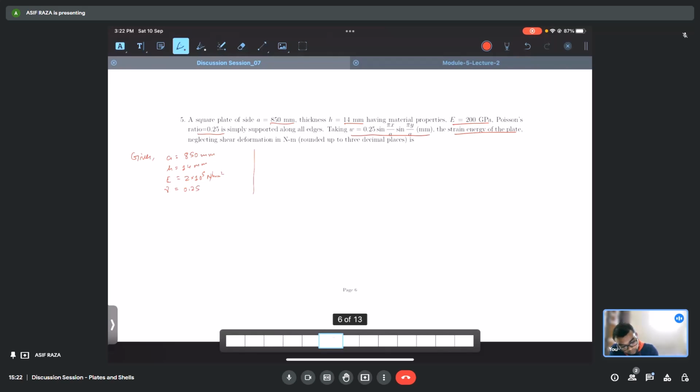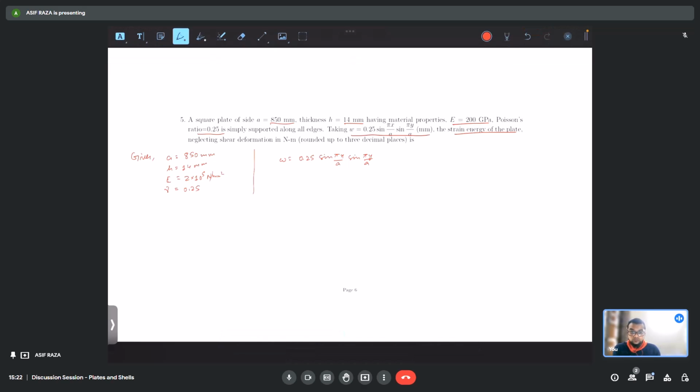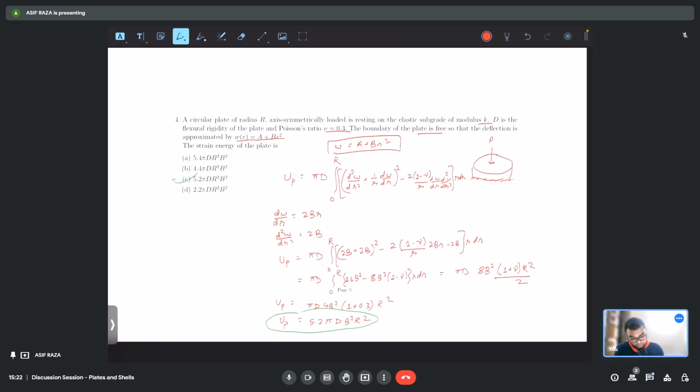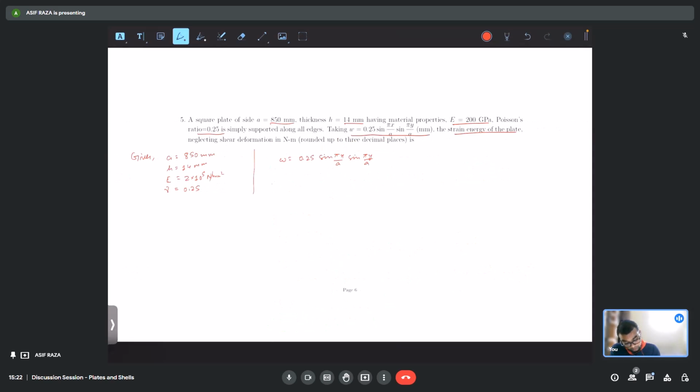We are given w as 0.25 sin pi x upon a sin pi y upon a. So we need to find the strain energy of the plate. We are given the condition that the plate is simply supported along all edges.